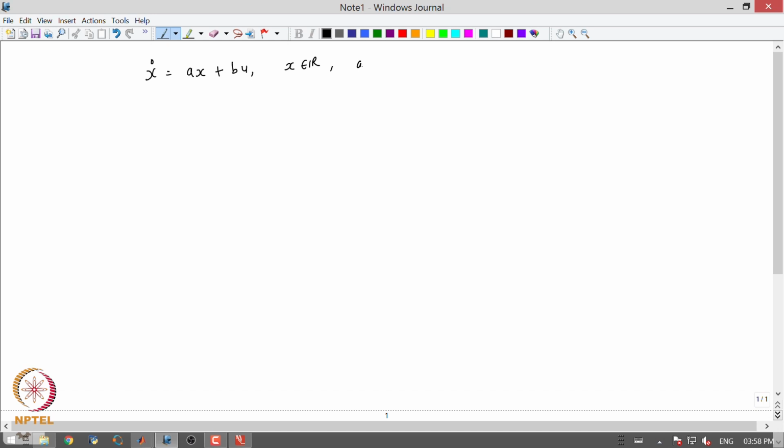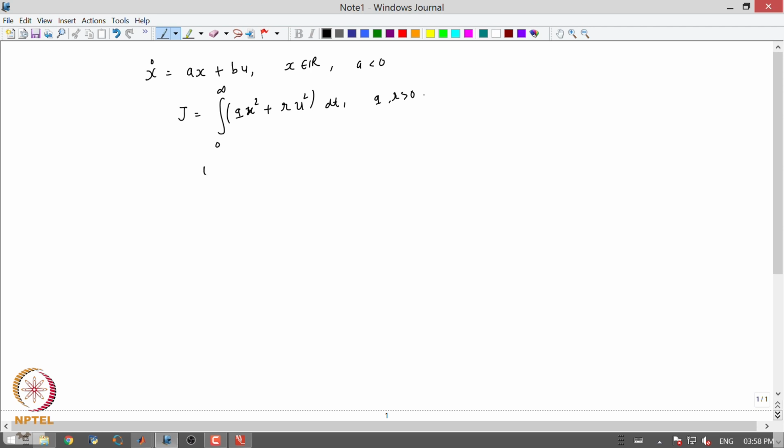Let me assume that the system matrix is stable by itself and I have a performance index of the form integral from 0 to infinity of q times x square plus some r times u square, and as usual q and r are numbers which are greater than 0. Okay. So we need to find an optimal control law that will minimize this j.